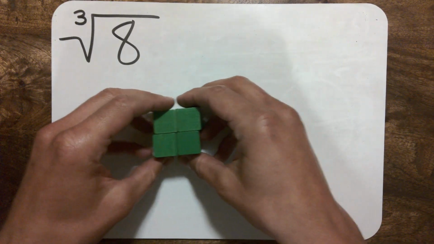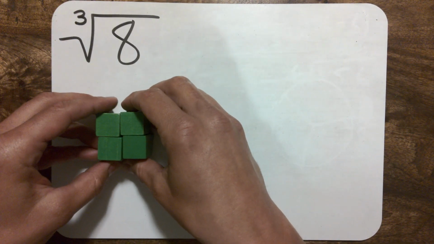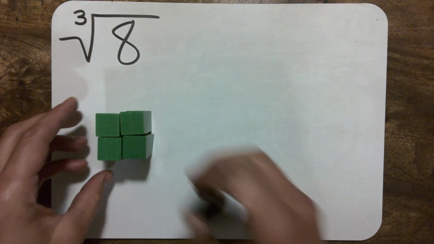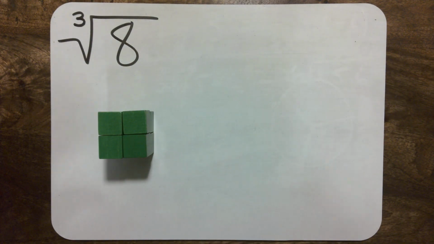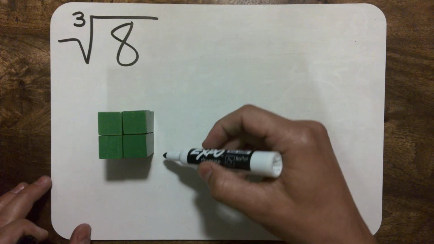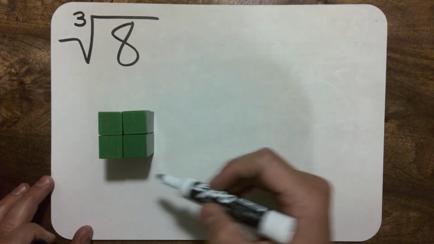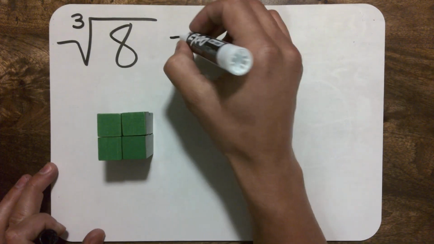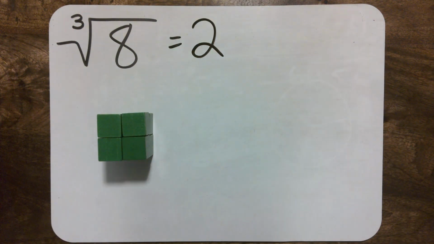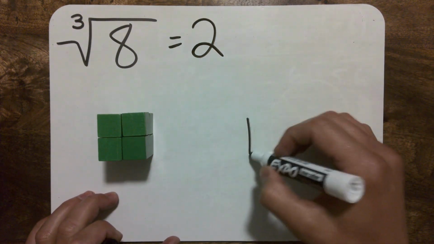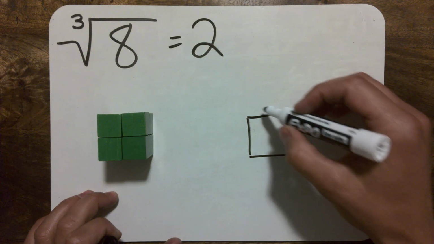Okay, so then again, our solution: if we make a cube that has a volume of 8 cubic units, which is what we did, what are the edge lengths or the side lengths? You can see that it's a depth of 2, width of 2, and a height of 2, so the cube root of 8 is going to be 2. Okay, and again, the representational models probably aren't going to be used a whole lot.